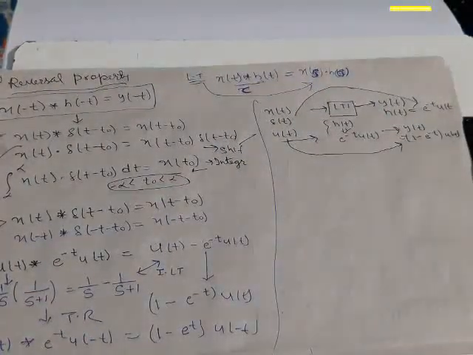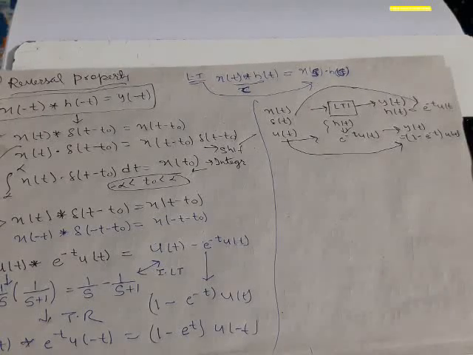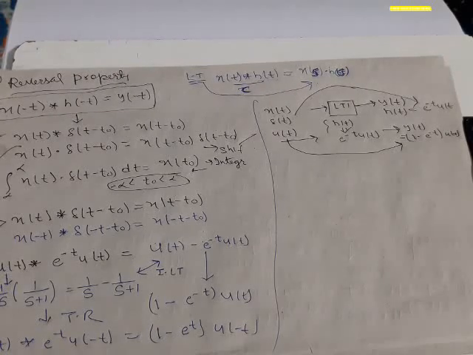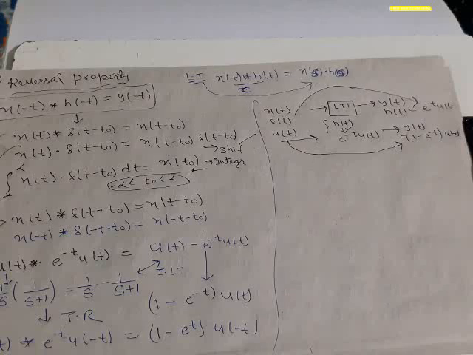That means if we send this signal to the system, we will get this as the output, because u of t convolved with del of t is nothing but u of t. Actually here u of t is convolved with h of t, and u of t minus 1 is also convolved with h of t, so we will get this.